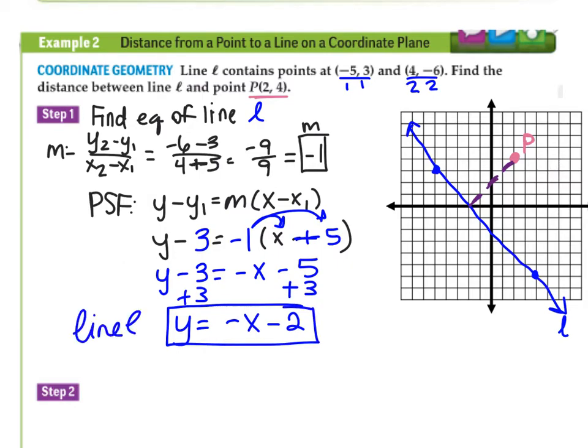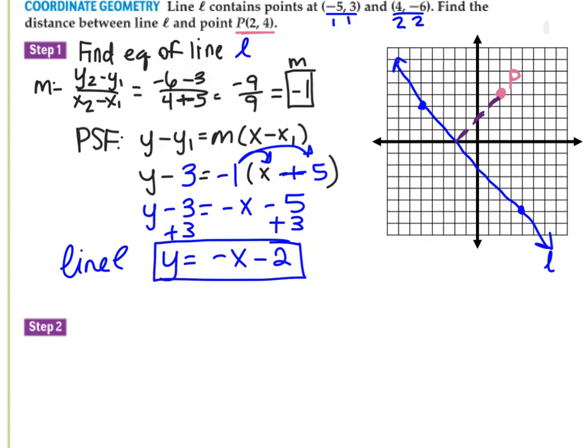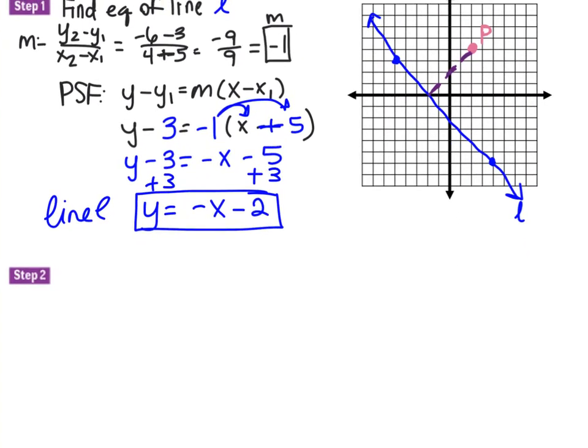So moving on to step 2, we know we have to have a perpendicular line that goes through point P. Remember, for perpendicular, you have to have an opposite reciprocal slope.